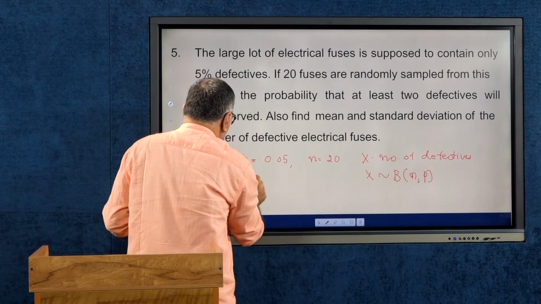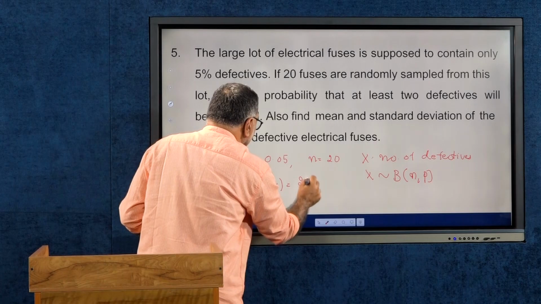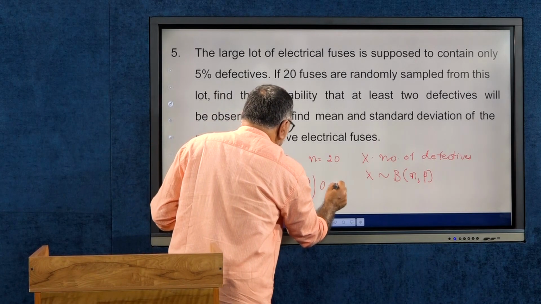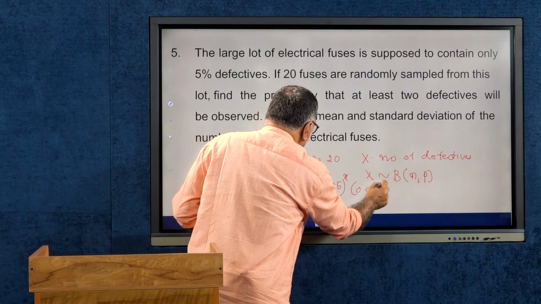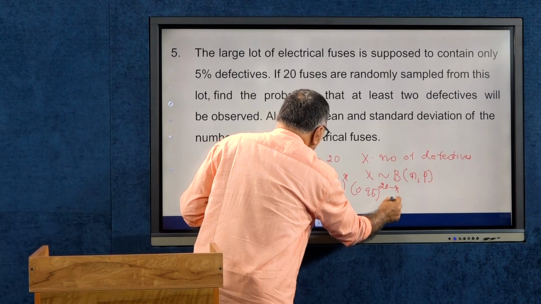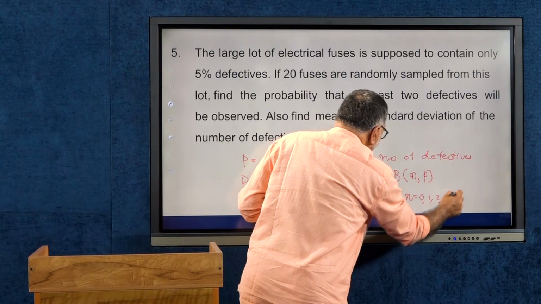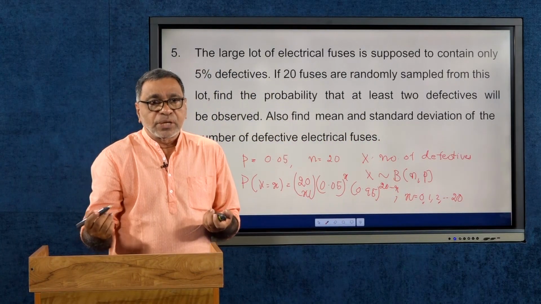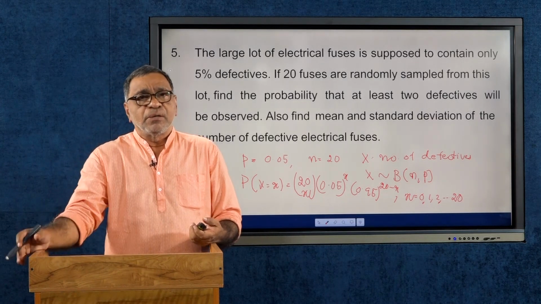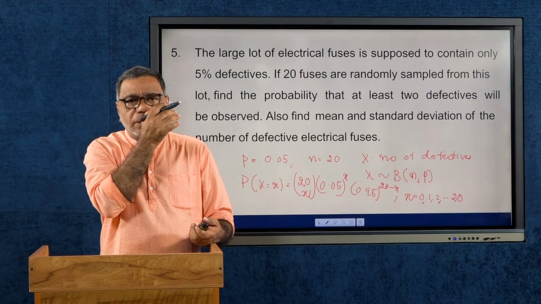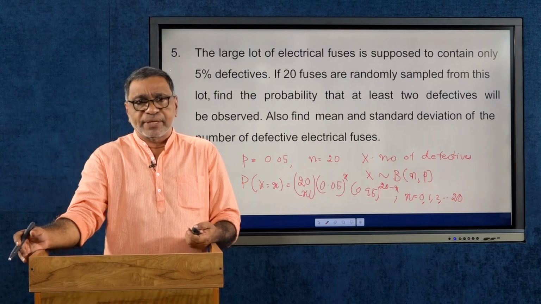So probability of X equal to x, we can write as 20Cx, 0.05 power x, 0.95 power 20 minus x, where x is equal to 0, 1, 2, up to 20. So that is the probability mass function. From this you can find whatever probability is required regarding the events. So here it is at least 2 defectives, so you find probability of X greater than or equal to 2.